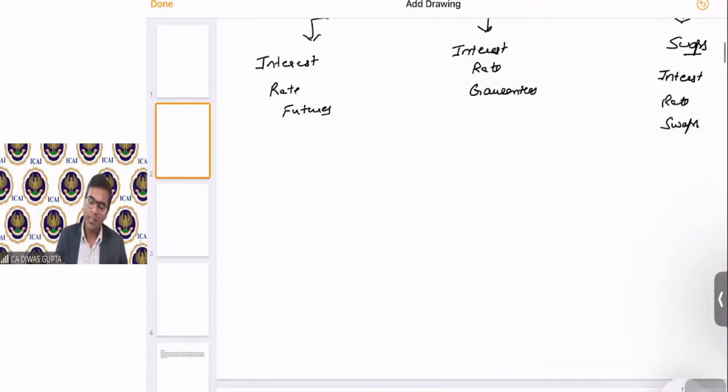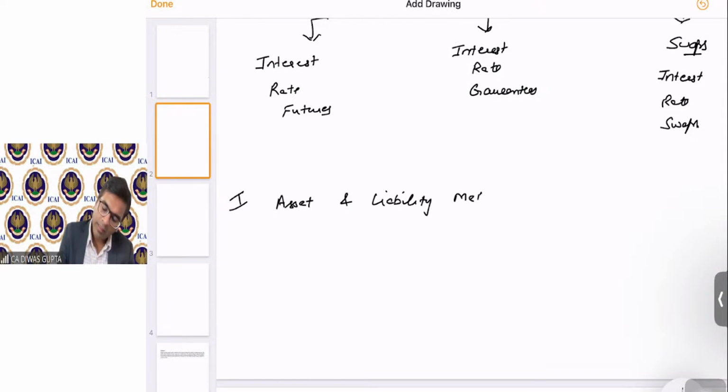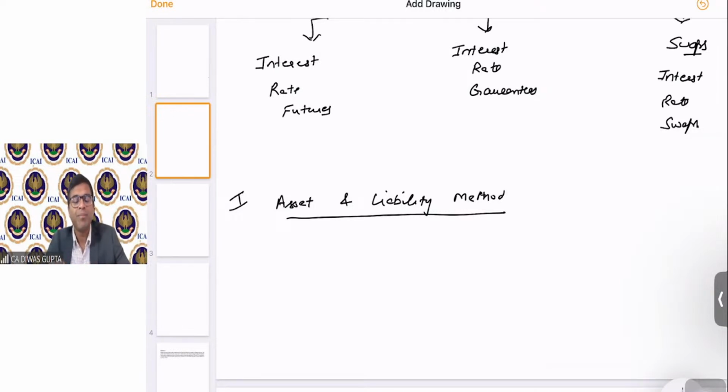Okay. Now let's start, students. The first method is the asset and liability method. So students, this is a very important thing that is done or ensured in any of the treasury departments of any company.